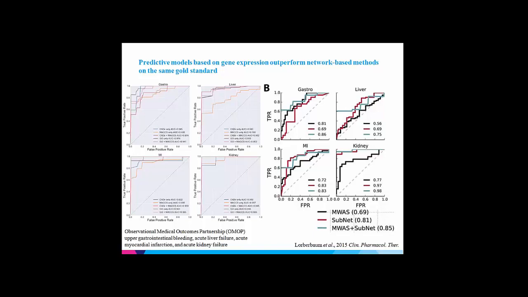But the problem is that there are only a few studies that have reported their evaluation statistics, and also there is only one data set that has recently come out for people to benchmark the prediction of ADRs, and this data set is called the OMOP, and this data set only contains 4 ADRs and a small set of drugs.